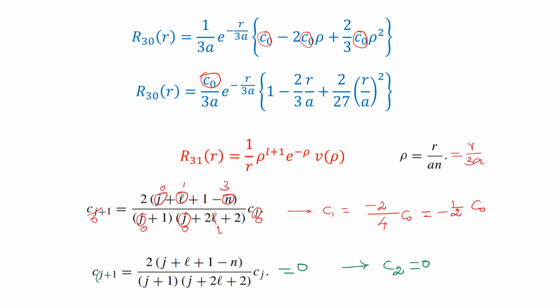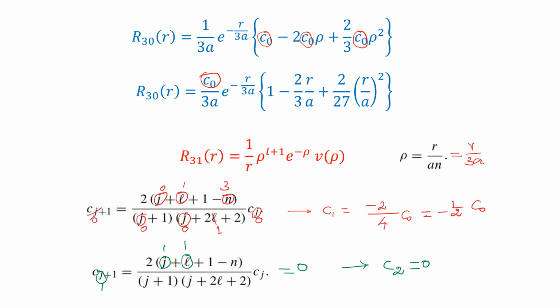So next is j equal to 1. What will happen? In the numerator, j is equal to 1 and L is equal to 1, and already there is plus 1. So 1 plus 1 plus 1, you will get 3.